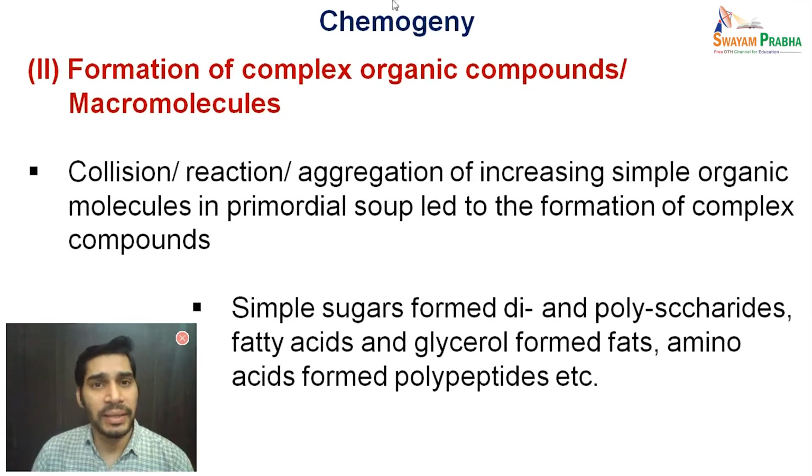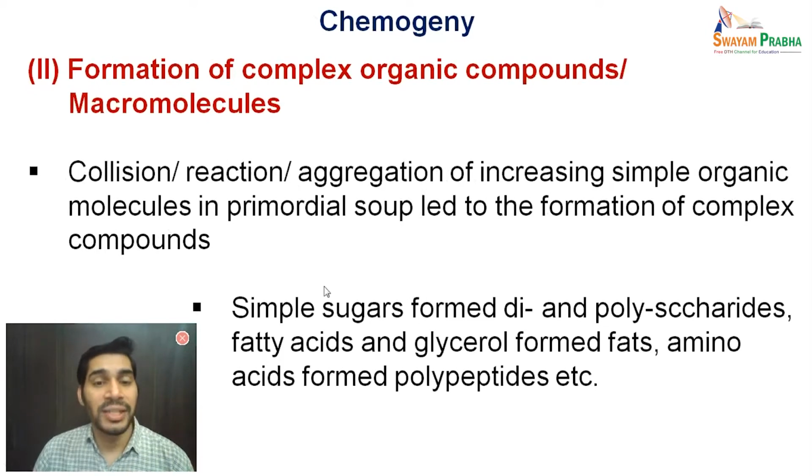The next step in chemogeny is the formation of complex organic compounds or macromolecules from these simple molecules which we just discussed. Now, these aquatic bodies had a large amount of these simple molecules. So it is possible that collision reactions and aggregation reactions started happening in them.